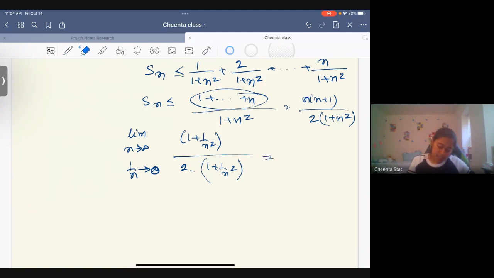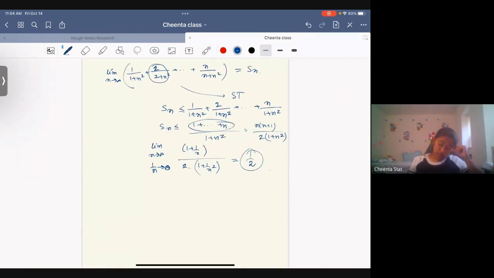Oh, I made a mistake, not n square, it will be n, because one n is cancelling out. You can't cancel it otherwise, so you need to put 1 by n equals 0. So this is coming as half. So your sequence will converge to half. This is sufficient.